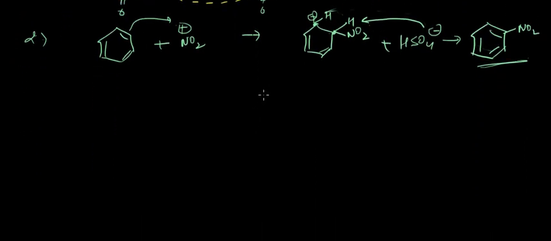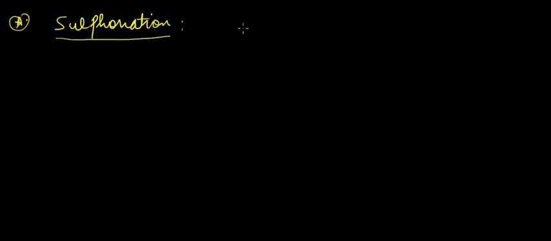Now let us look at how the sulfonation of benzene happens. Sulfonation. I hope you understand that by sulfonation I mean attachment of a sulfonic group to the benzene. So let us see how this reaction goes forward.